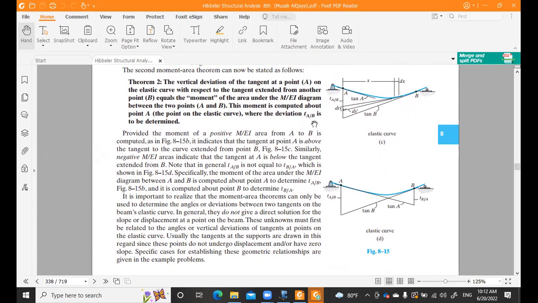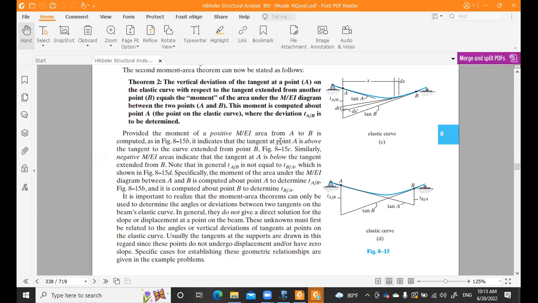TAB is the tangential deviation at A to tangent B. Provided the moment of a positive M over EI diagram from A to B is computed, it indicates the tangent at point A is above the tangent to the curve extended from B. Similarly, negative M over EI areas indicate the tangent at A is below the tangent extended from B. So it can be above or it can be below.